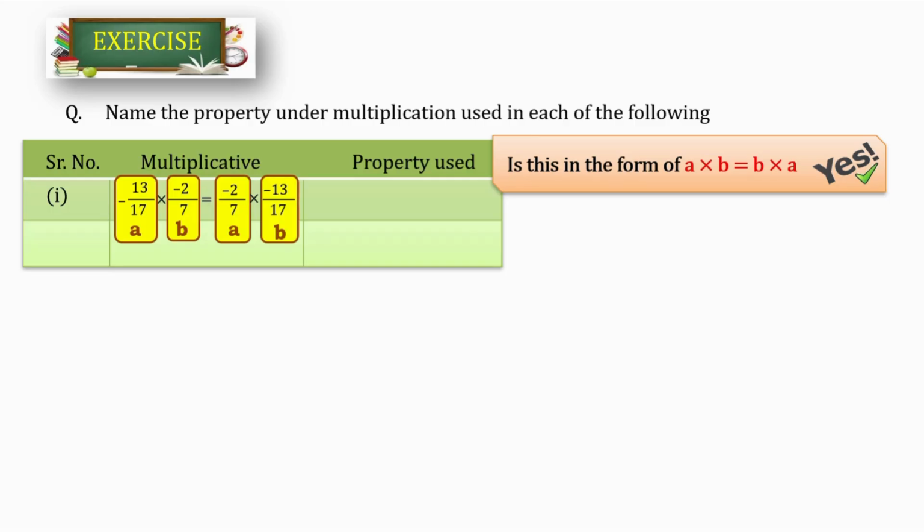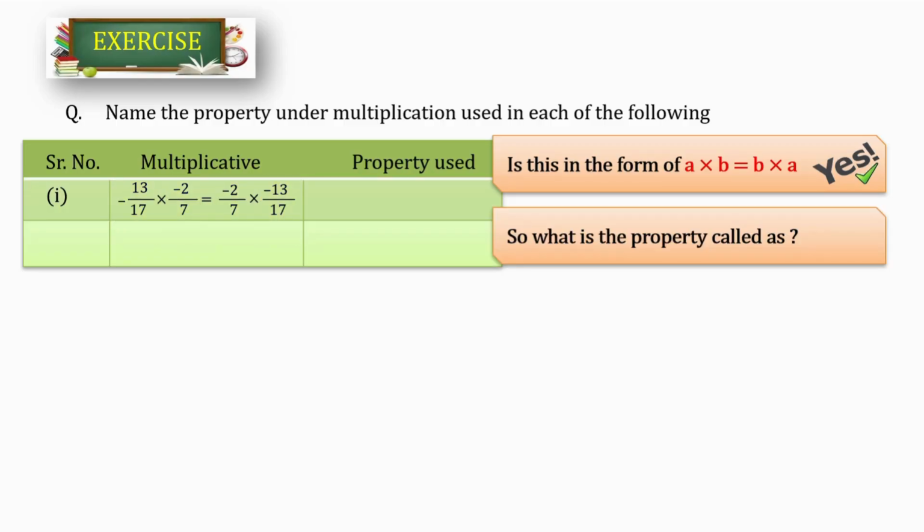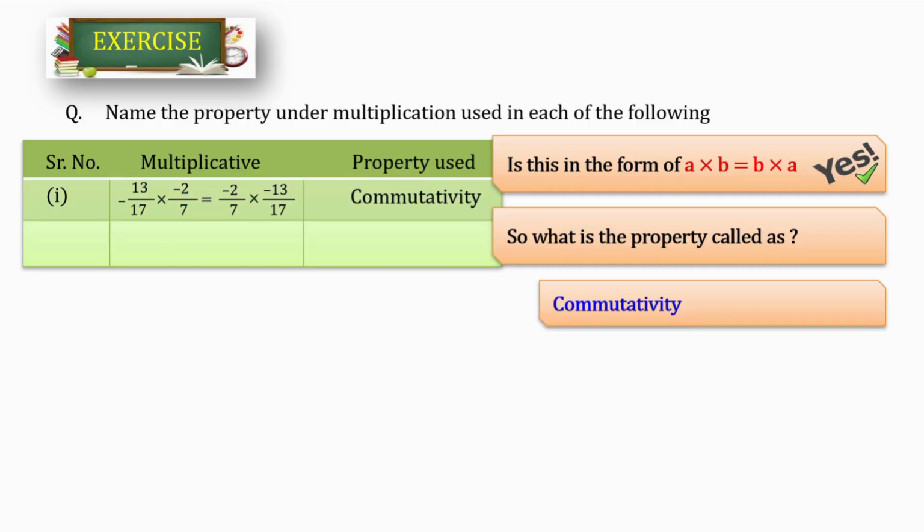So it should be like minus 2 by 7 should be considered as b over here. So a into b is equal to b into a. So yes, this is in this form. So we call this property the commutative property.